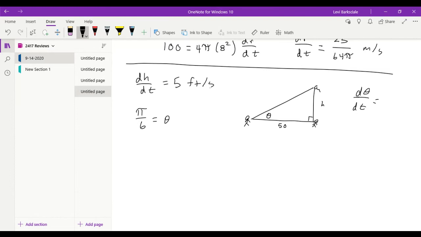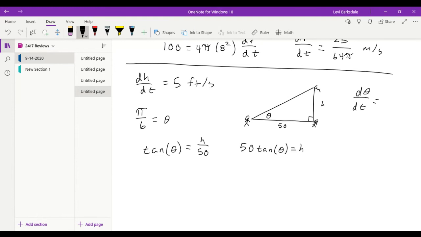We have our adjacent and our opposite sides, so that tells us we're going to be needing tangent. We know that the tangent of theta is equal to opposite over adjacent, or in other words, 50 tangent theta is equal to h.